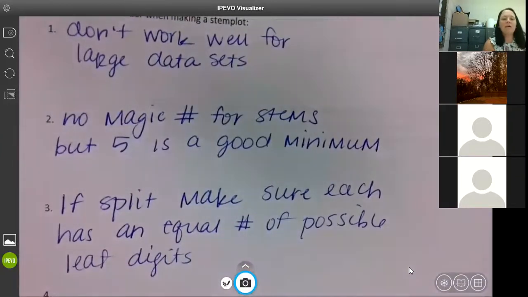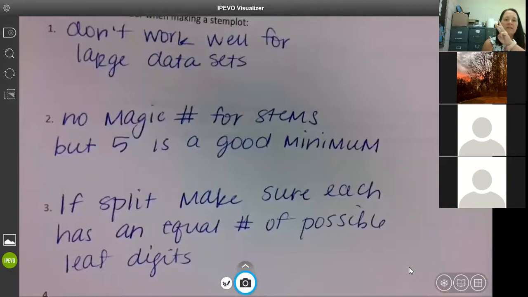So what that means is what I told you, 0 to 4 on the first one. So 0, 1, 2, 3, 4 is 5. And then 5 to 9, 5, 6, 7, 8, 9. They split it 5 to 5. So that's what it's talking about, equal number of possible leaf digits.